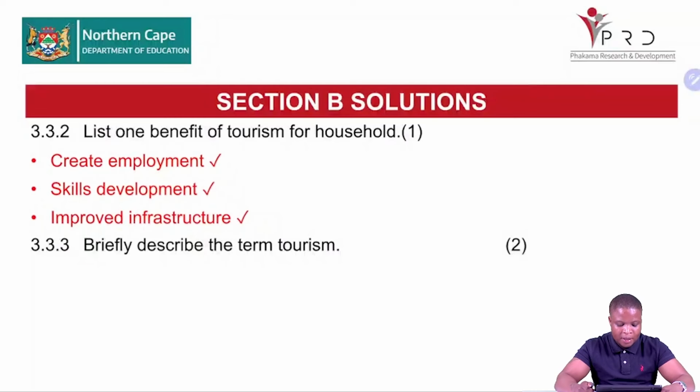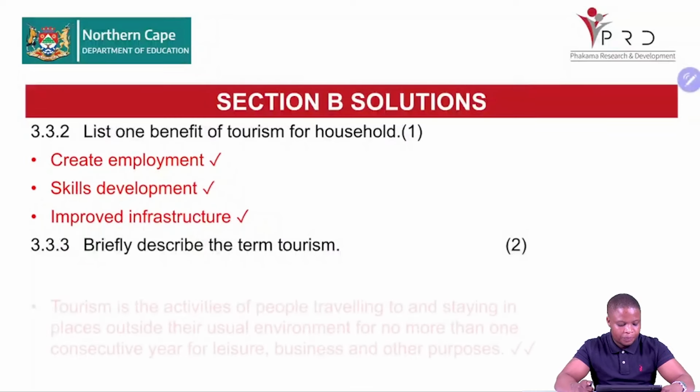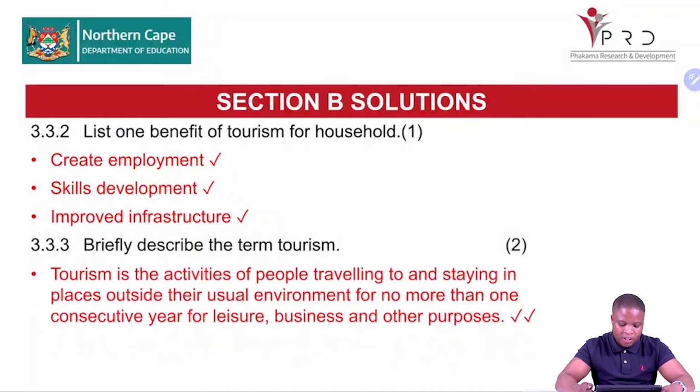Briefly describe the term tourism. Tourism is activities of people traveling to and staying in places outside their usual environment for not more than one consecutive year for leisure, business, and other purposes. However you have described tourism, you'll be correct as long as you mention that there's a movement of people to an unusual environment.